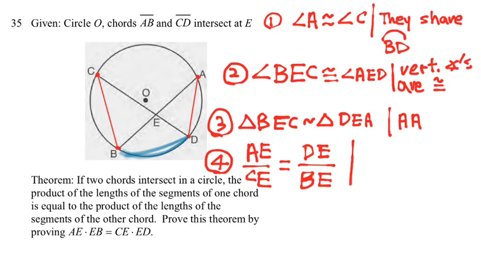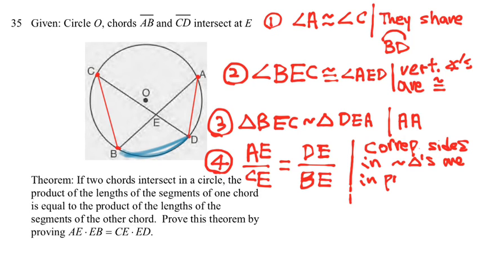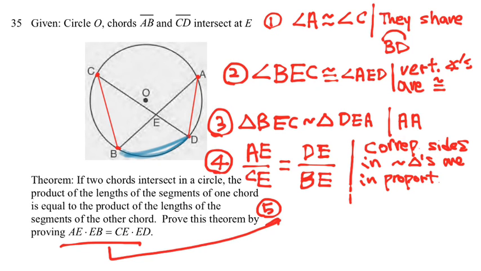That's because corresponding sides in similar triangles are in proportion. So then now we can say that statement, and it is because the product of means is equal to the product of extremes.